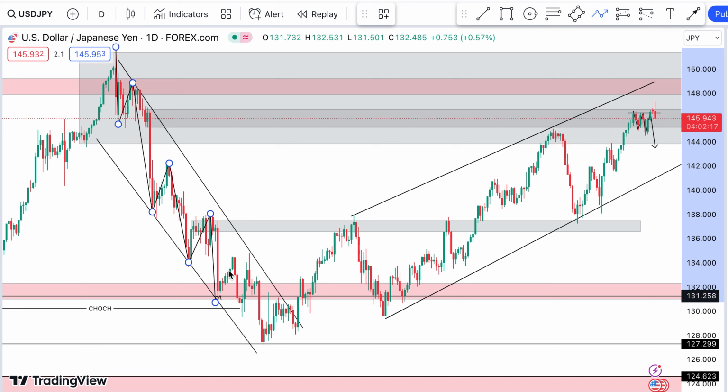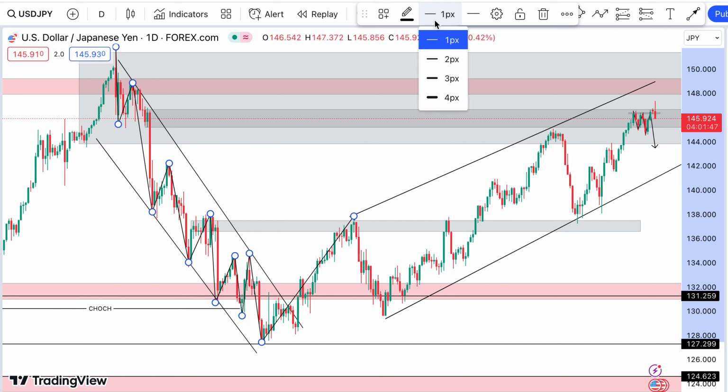And then went up again there, and then went down there. And then went up again, and then went down there, and then formed a change of character here to tell us that it is now changing direction. All right, so concentrate on these turning points that I just drew.